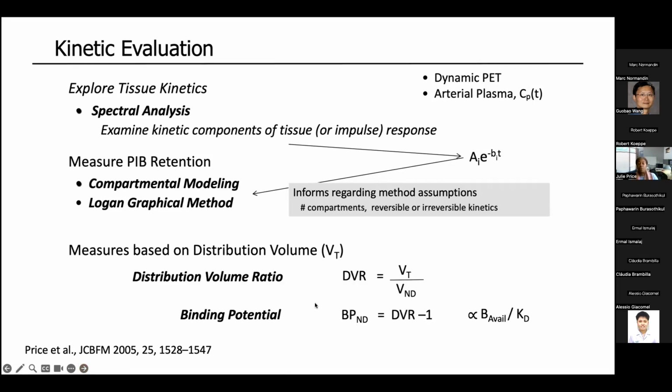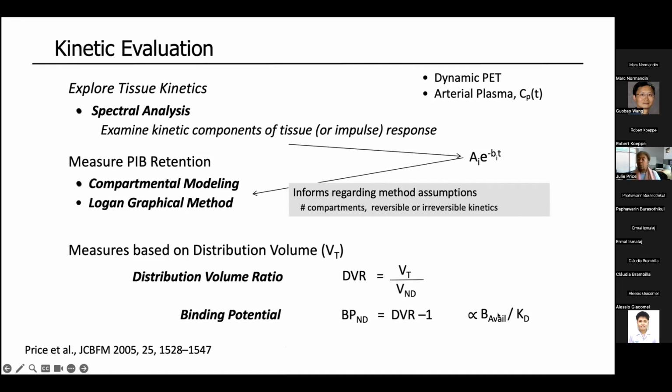The measurements that we refer to are the distribution volume ratio, which is the total volume of distribution, including blood, relative to the non-displaceable that we estimate in the reference region. Again, the cerebellum was what we proceeded with, and the binding potential that I mentioned earlier. In our in vivo work, we can estimate it as DVR minus 1 when using the cerebellum as a reference.